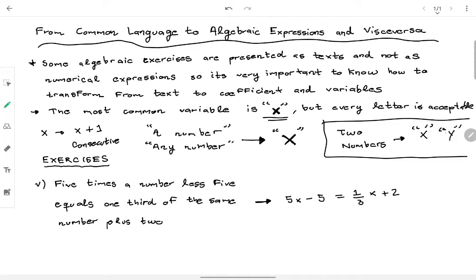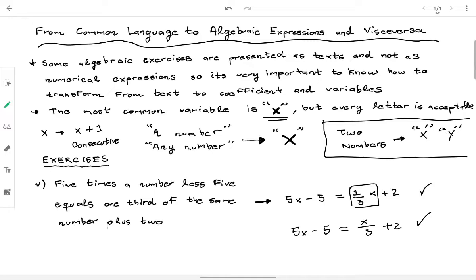Remember, we can also represent this specific one as x over 3 plus 2. So both answers will be correct. So that's how we represent 5 times a number less 5 equals 1/3 of the same number plus 2.